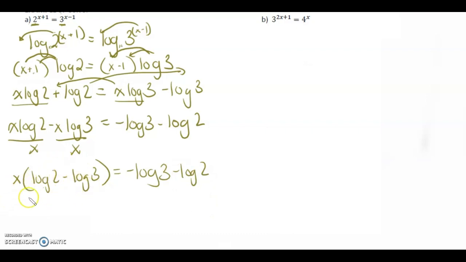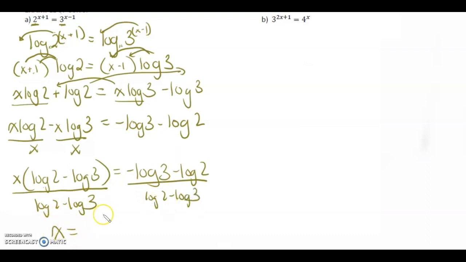Since this is just a number, there's no variable in here, I'm going to divide both sides by log 2 minus log 3. And my final answer for exact value, I get x equals negative log 3 minus log 2 over log 2 minus log 3.